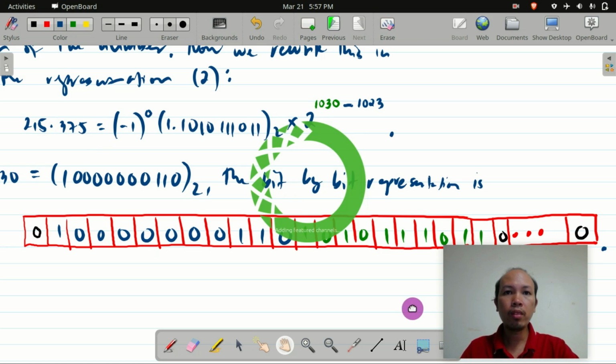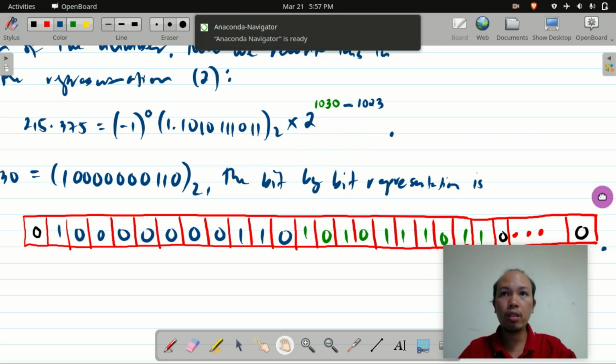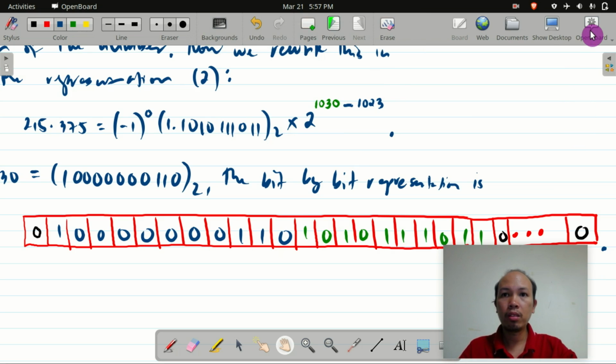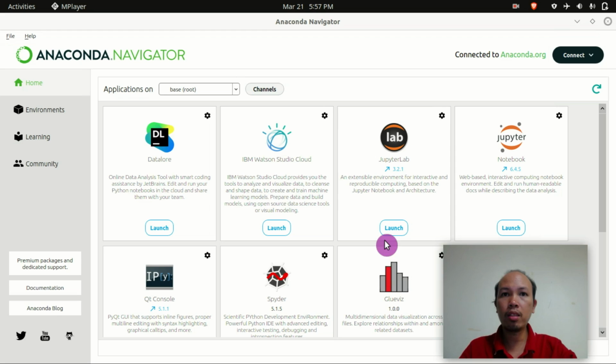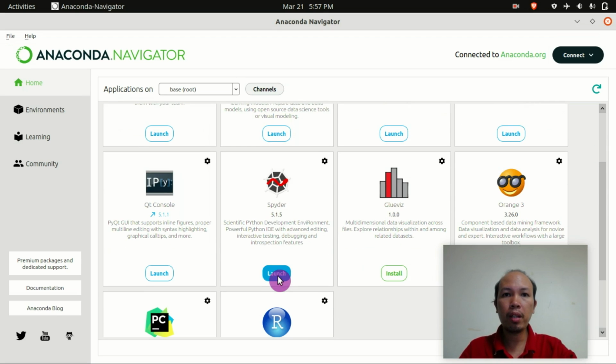Let's wait for the Anaconda Navigator to pop up. I'm going to launch my Spyder.